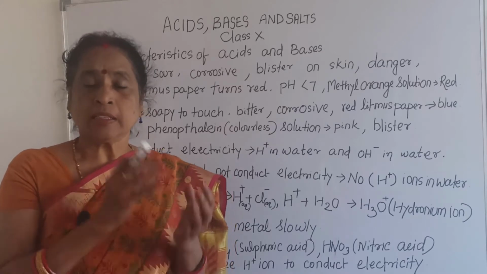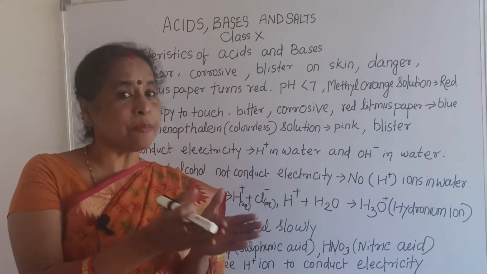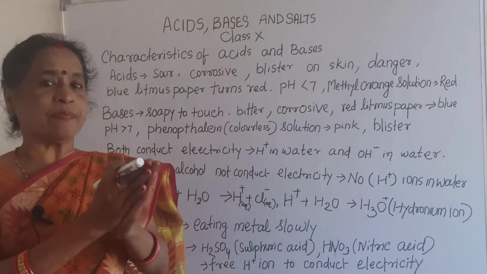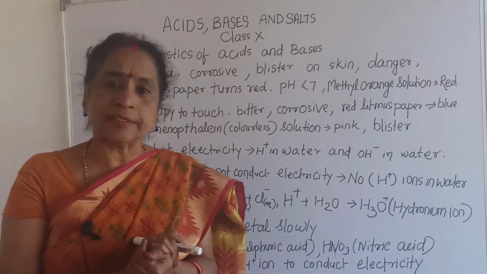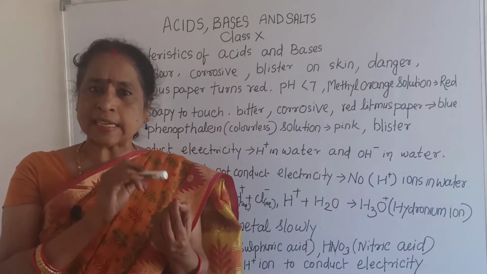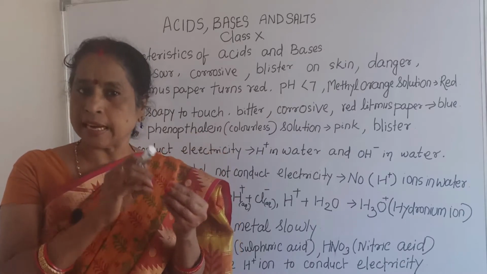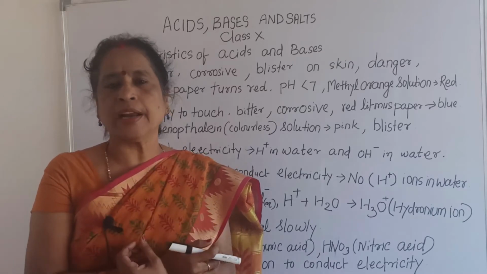Then these nitrogen dioxide and sulfur dioxide both combine with rainwater and form acids, sulfuric acid and nitric acid. Then what happens? Sulfuric acid and nitric acid in water, that is rainwater, produce H plus ions which are free in rainwater.